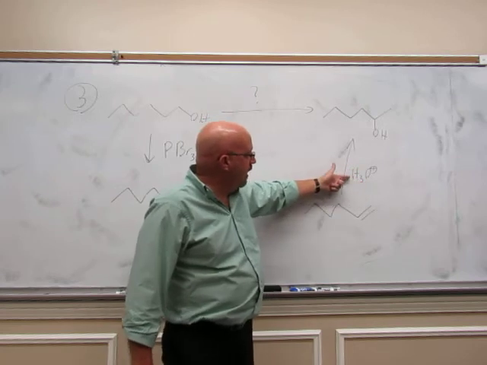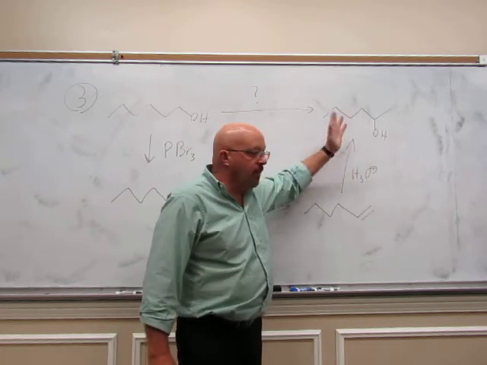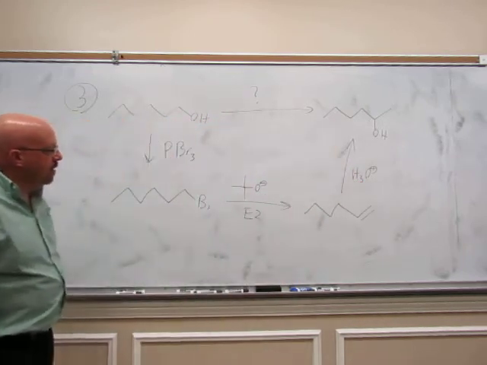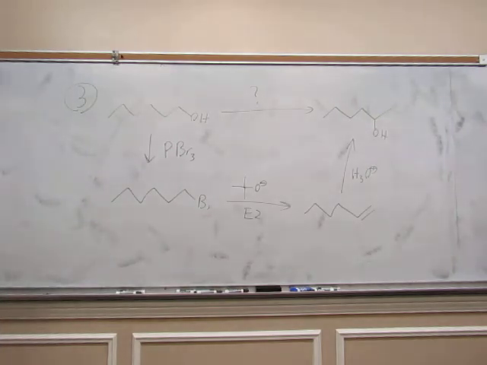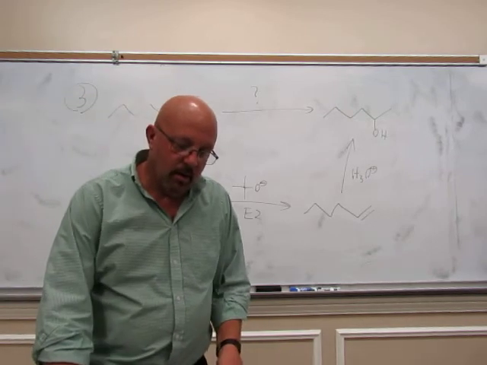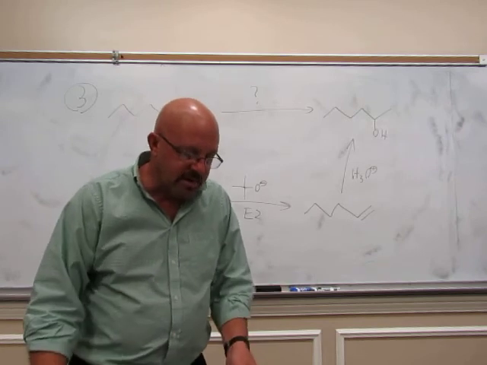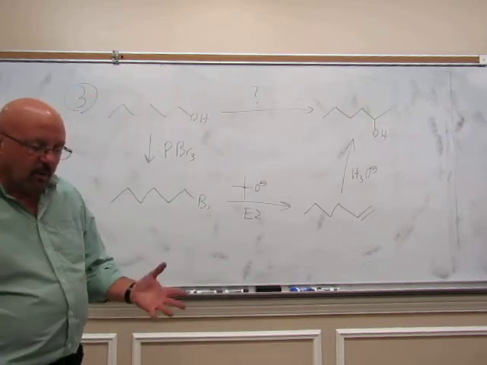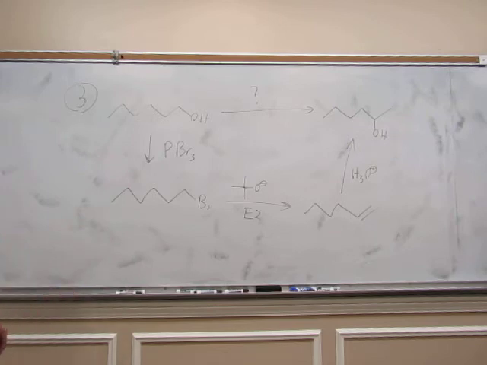You could do acid and water. You could also do the oxymercuration-demercuration. That would be fine as well. Okay, so that's some different options there for that one. So there's not always just one set way to do it. So I don't know what you came up with. You may have thought of something else.